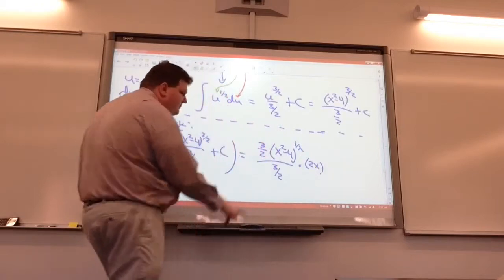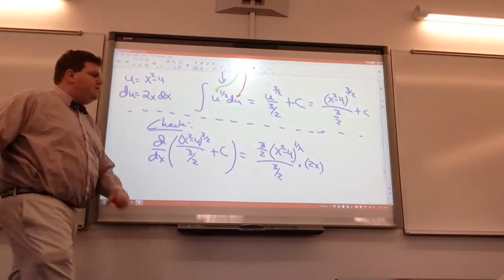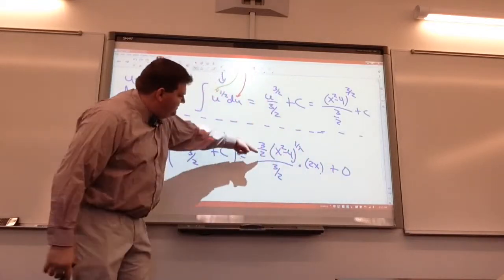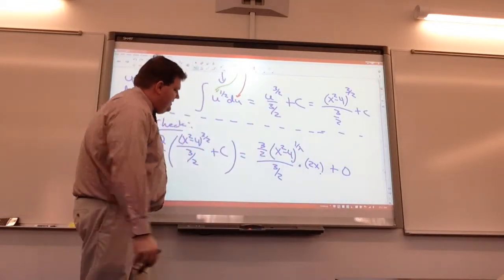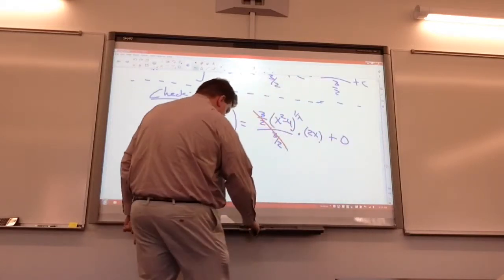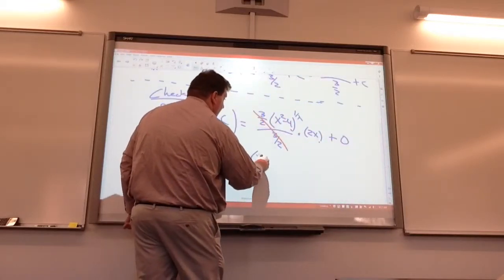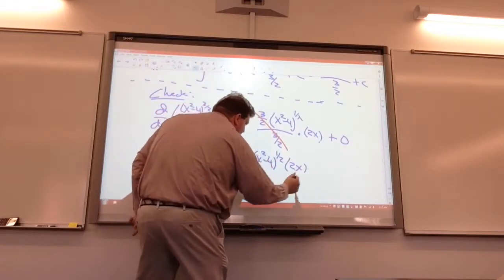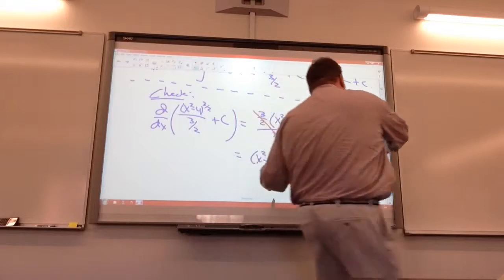What happens to c, by the way? It goes to 0. What's going to happen to those 3/2? They cancel. That left me with x squared minus 4 to the 1/2 times 2x. Wasn't that the integrand I started with?